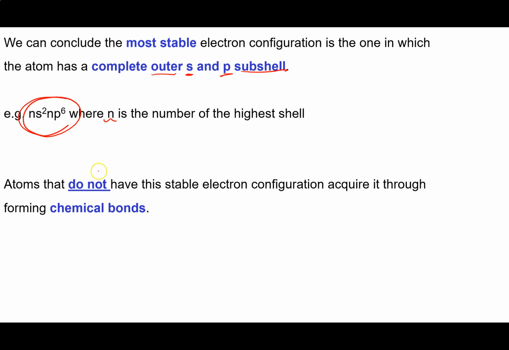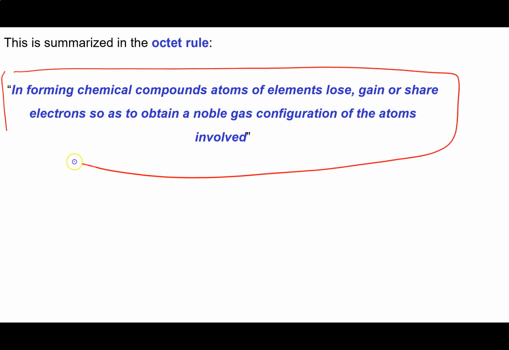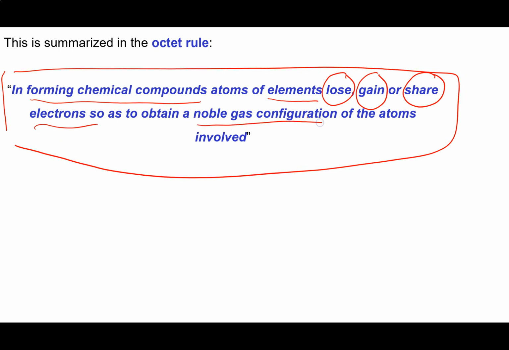Alright, so something that looks like that, where the n refers to the number of the highest shell. And what we find is that atoms that don't have that stable electron configuration are going to do everything they can to get it by forming chemical bonds. So atoms will tend to keep forming chemical bonds until they obtain a stable noble gas-like configuration, and then they stop reacting because they're stable at that point. So this is summarized via what's called the octet rule, and it says, in forming chemical compounds, atoms of elements tend to lose, gain, or share electrons so as to obtain a noble gas configuration.